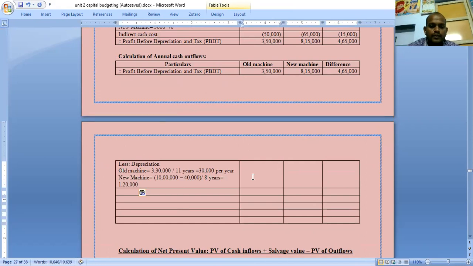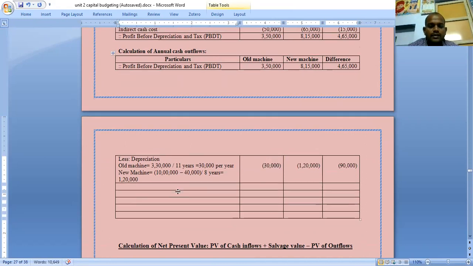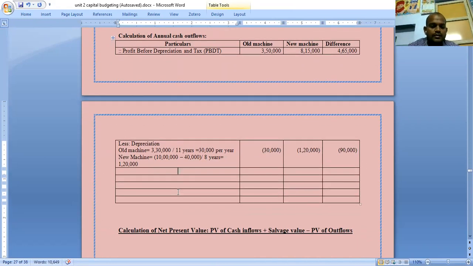So depreciation will be 30,000 and 1,20,000, so the incremental depreciation is 90,000. Now profit before tax. We have to deduct the tax at the rate of 30%. So it comes around 39,000, 1,29,000 and 90,000.